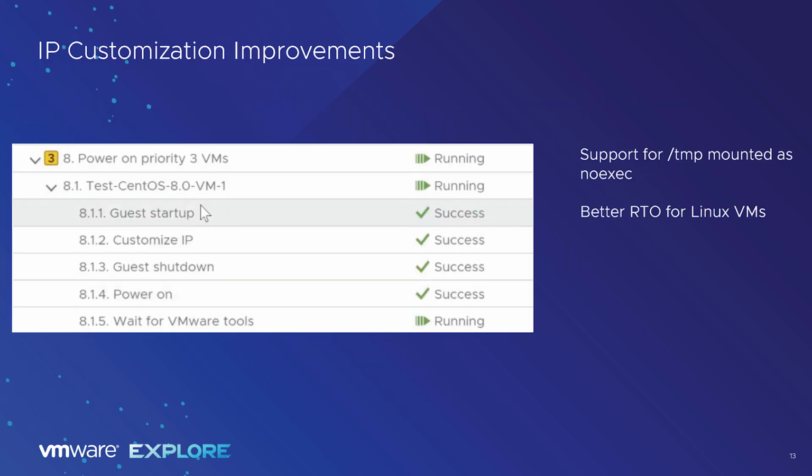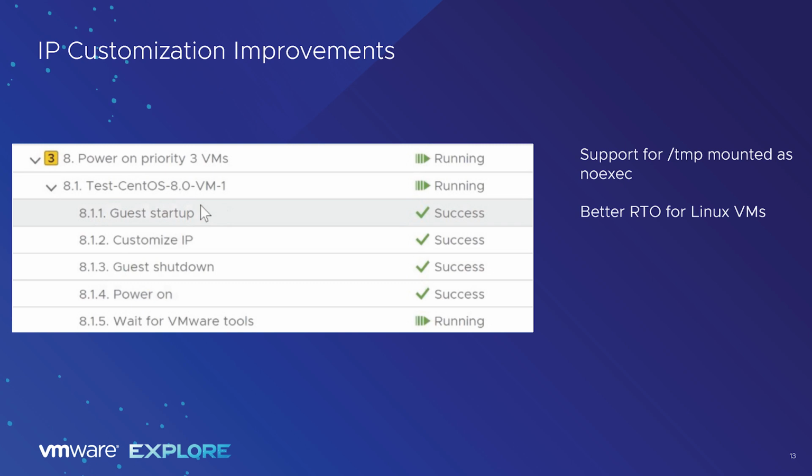One other cool improvement in 8.7 is the IP customizations when it comes to Linux VMs. As you know, Site Recovery Manager does have the ability to customize IPs once they're recovered on the recovery site. It is a cool feature. A lot of the customers are using that.